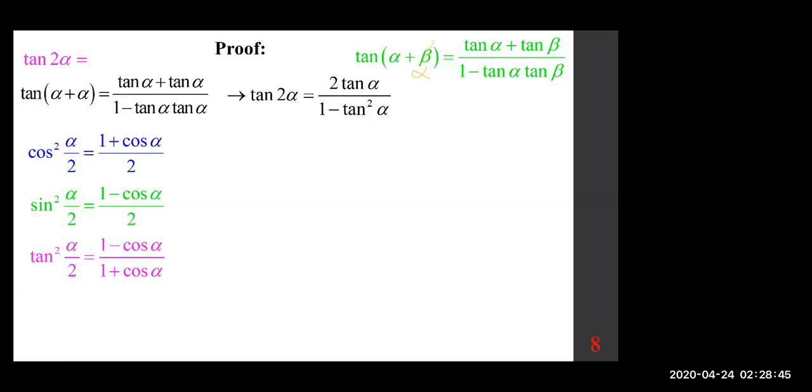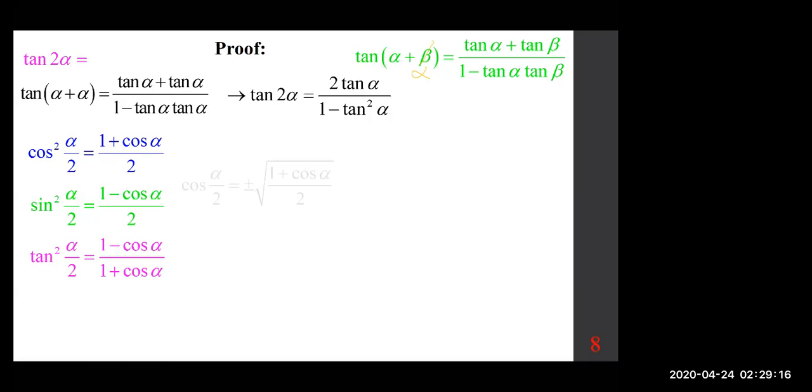Now, look at the other three formulas, in blue, green, and purple. What if I want to get to cosine of alpha over 2? And what if I want sine of alpha over 2 or tan of alpha over 2?